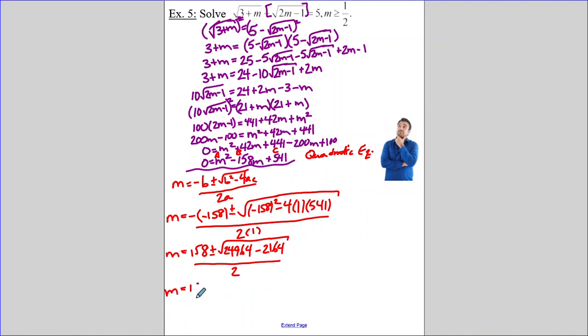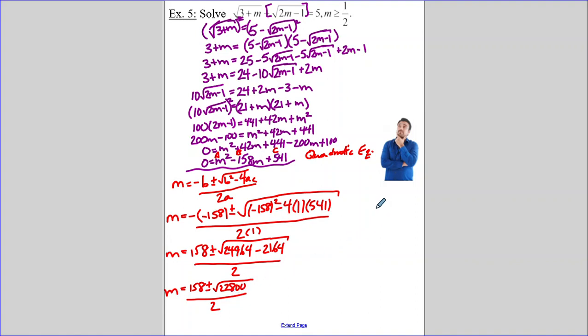M is equal to 158 plus or minus the square root of 22,800 all over 2. Now, here's where I can take a look at 22,800 and start to decompose this a little bit.